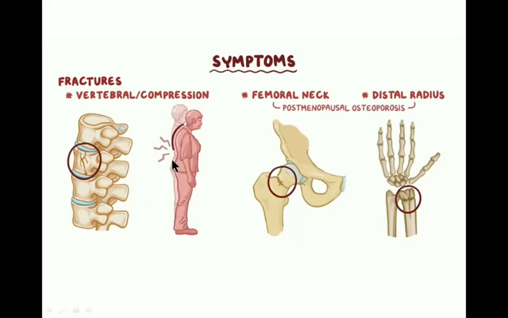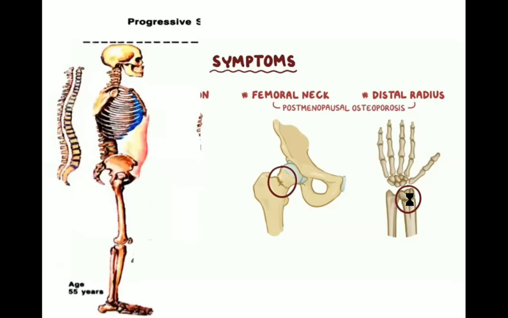Some other bones which are affected due to osteoporosis are the femoral neck bone and the distal radius. These are the next two bones which are affected, and usually this fracture is observed more in post-menopausal osteoporosis.